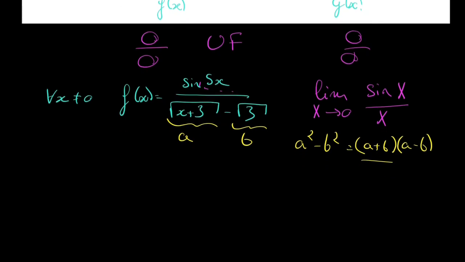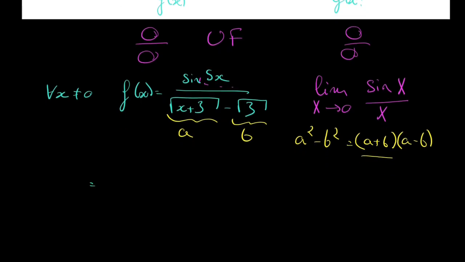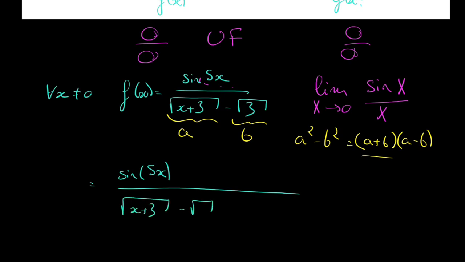Let's do it. F of x is equal to sinus of 5x, same thing, over square root of x plus 3 minus square root of 3, and we want to multiply by the complement of this at the top and at the bottom.